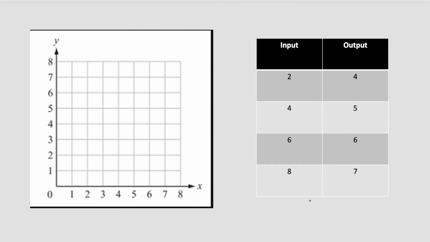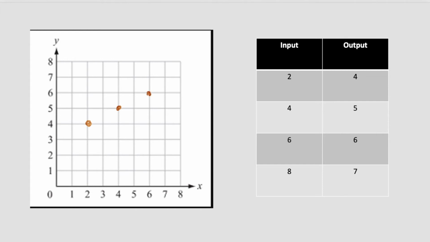And so I know that that works. All right, I can go the opposite direction as well here. So if I'm going to put this in here, I have 2, and then I go up to 4 here, right? I'm just going to erase this actually and just put the dots in. So I go over 2, and then I'm going to go up to 4, and that is 1 point. I go over to 4, and then up to 5, and that's another point. And then I go over to 6, and up to, where's 6?